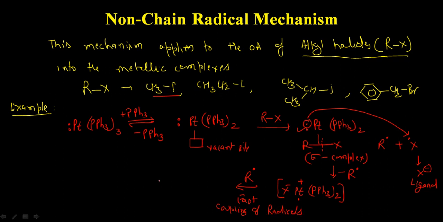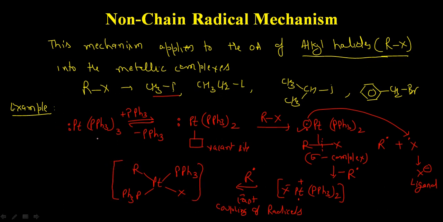So after coordination we will get platinum with 2 triphenylphosphine groups, one X and one alkyl group.